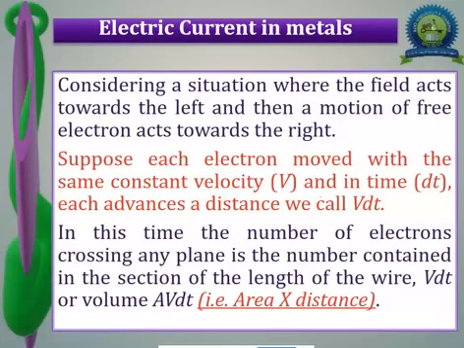Is that okay? So in this same time, the number of electrons crossing any plane in the material in question can also be calculated as a v dt. We have v dt up here. I believe you are following me.